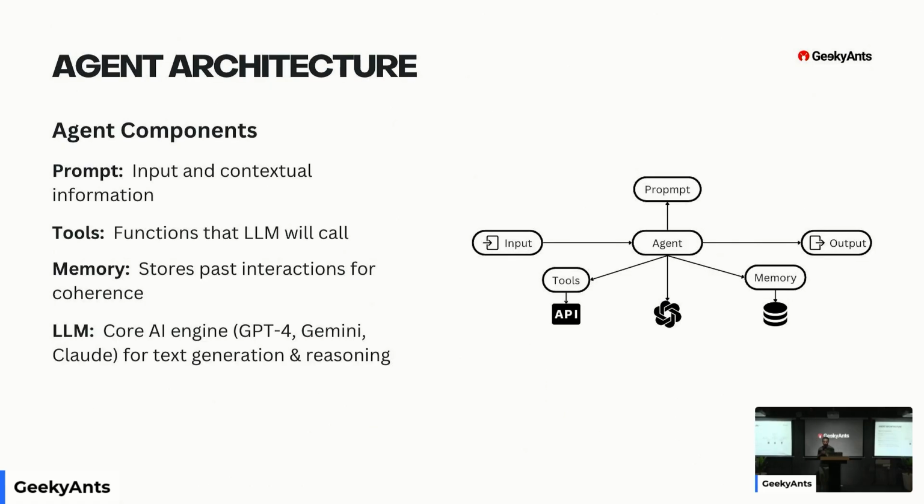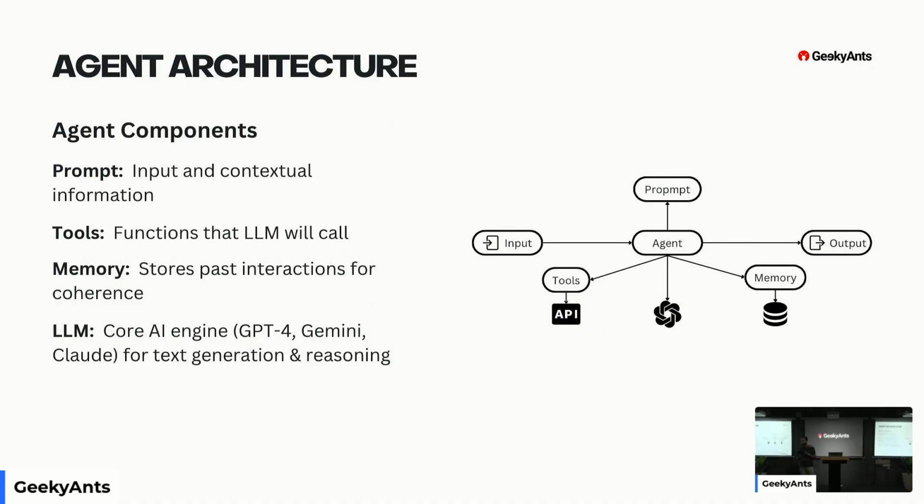Coming to the architecture part, the major components in an agent are tool, memory, LLM, and prompt. The prompt is basically the persona of the agent. It defines how the agent works and what the communication style is. Tools are functions which the LLM can execute with the help of the software.